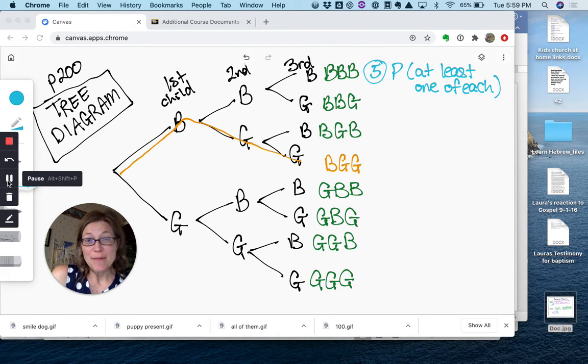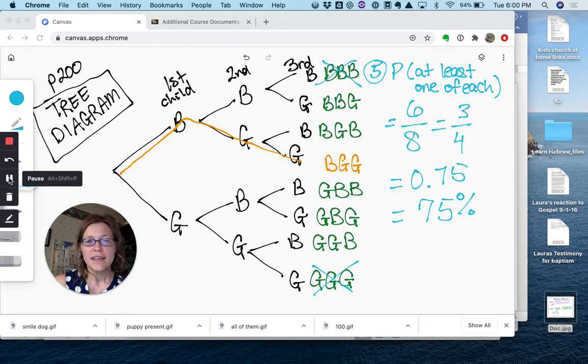Okay, so now we get to number 5, where we answer the question we began with. What is the probability that they will get their wish, that they will have at least one of each? So let's see if you understand what we've just learned. Pause the video and answer number 5, and then unpause, and you can compare your answer. Now you'll notice the strategy that I used.